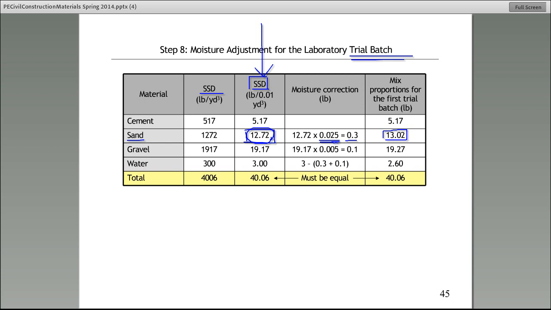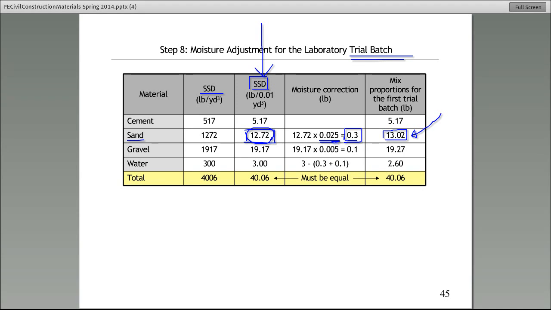In other words, it's going to bring in 0.3 pounds of water. So think about it: 0.3 pounds of that sand that we are measuring is going to be water. So in order to end up with 12.72 pounds of solid sand in the mix, how much of this wet sand do we need to weigh and add to the mix? It would be 13.02. All right?